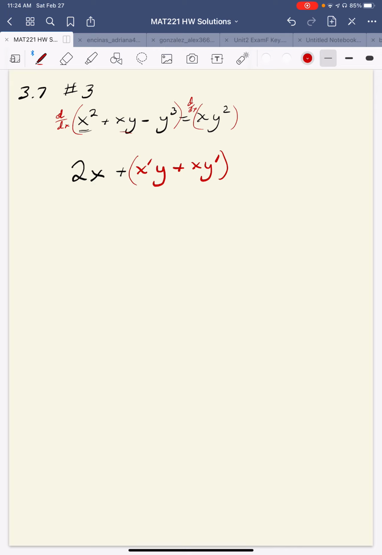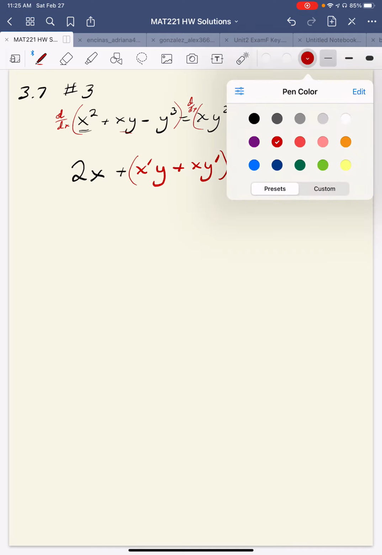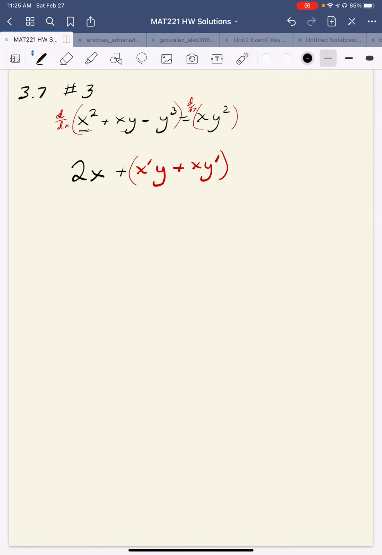Then the next term that I have is y cubed. Like I just saw on the last page, I have minus, because of the negative sign here, the derivative of y cubed, and we just saw that is 3y squared multiplied by the derivative of y.